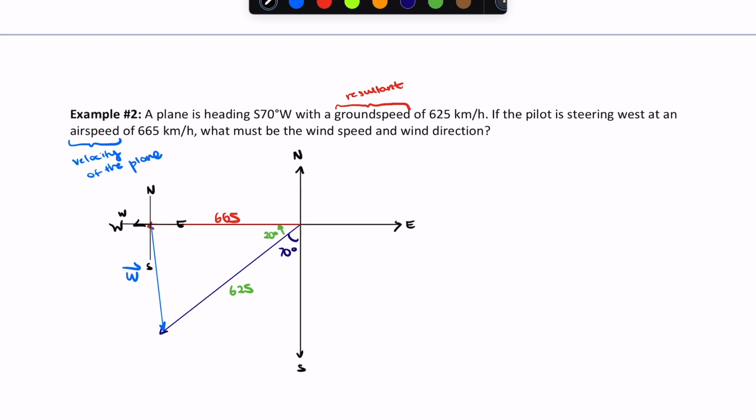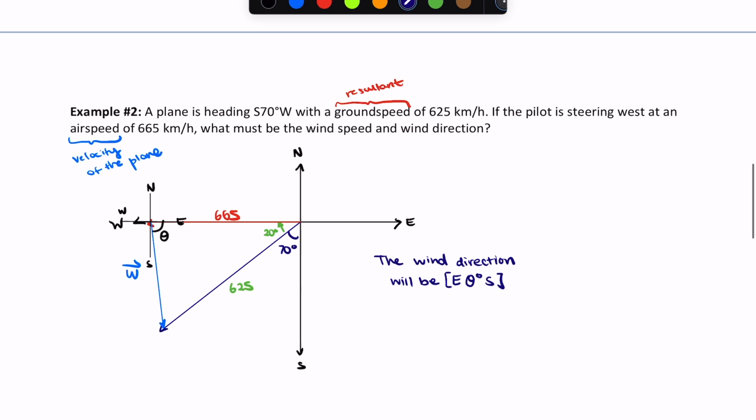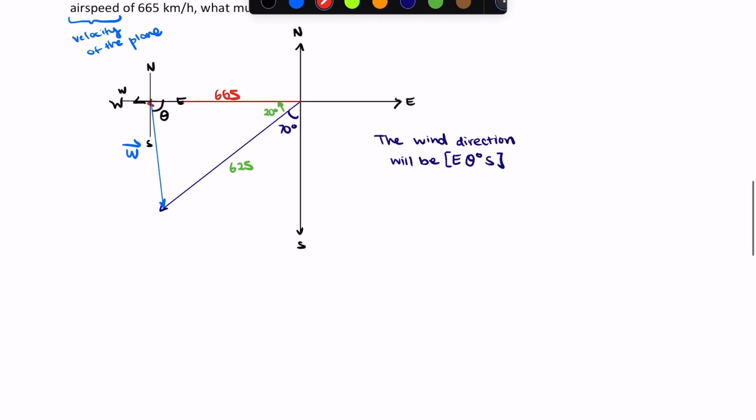And here, when we look at our angle theta, we see that the wind direction will be east, and whatever the theta degree is of south. Okay, so first we'll find the magnitude.